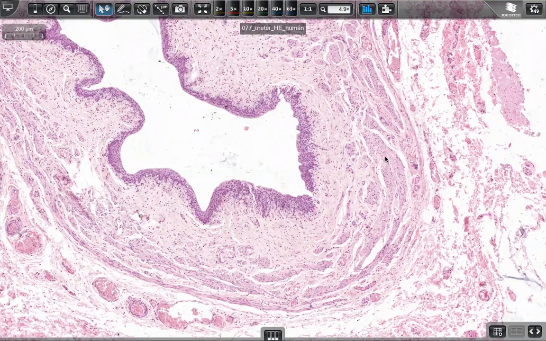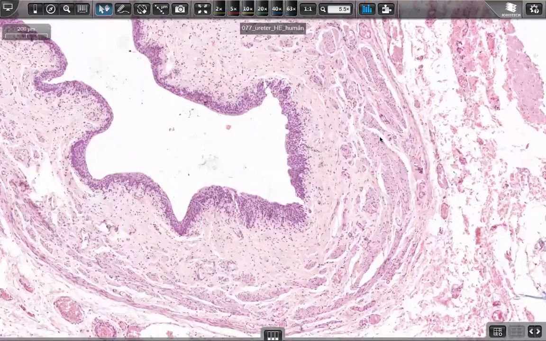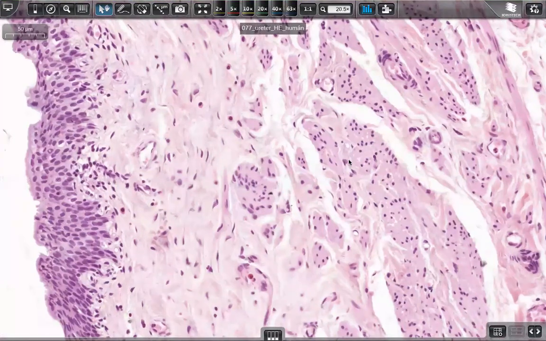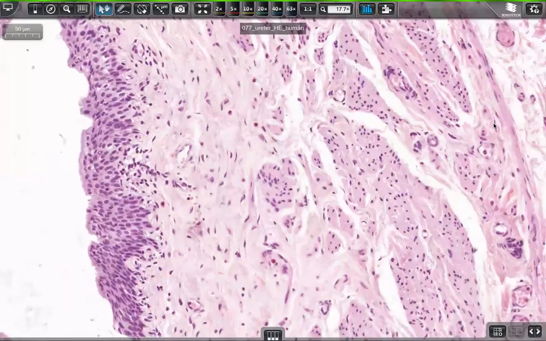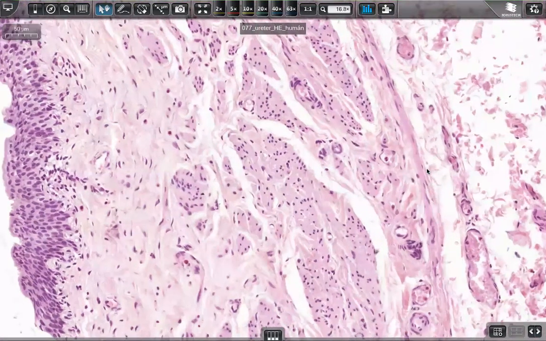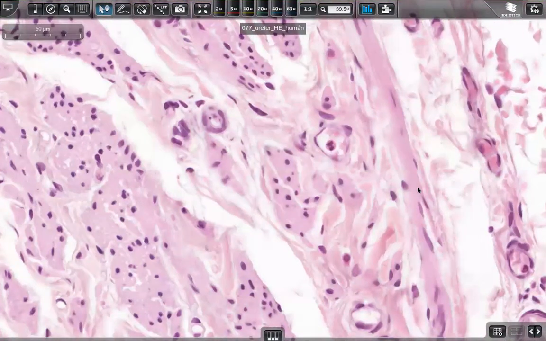There is an inner longitudinal, outer circular, and some parts of the ureter represent some oblique muscle fibers. So this is definitely a longitudinal appearance of the smooth muscle cells. And here we can see the circular one. So the exact arrangement of the muscular layers changed compared to the GI tract.